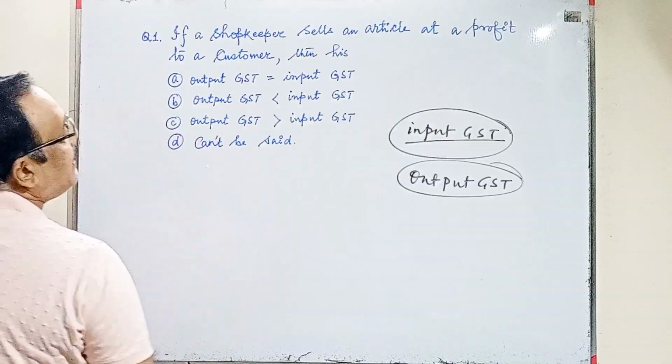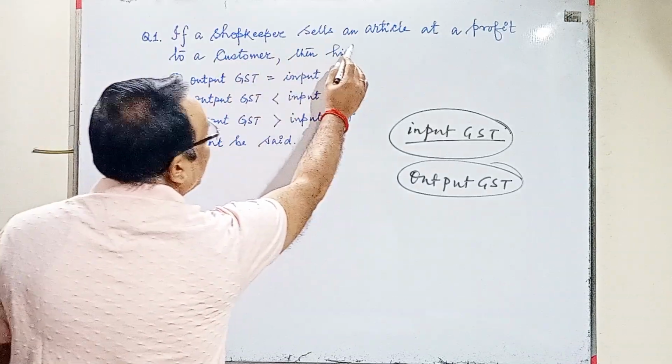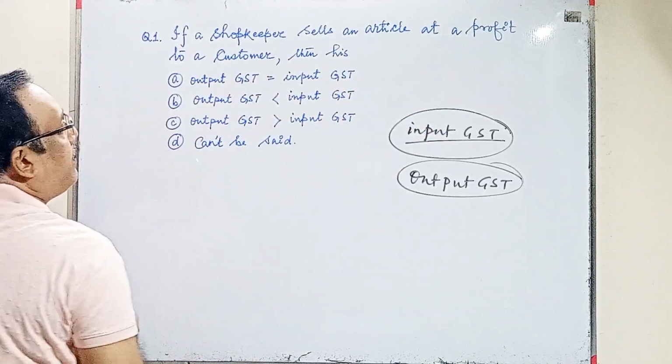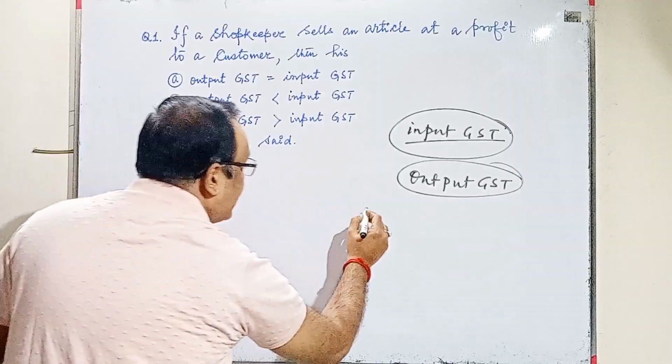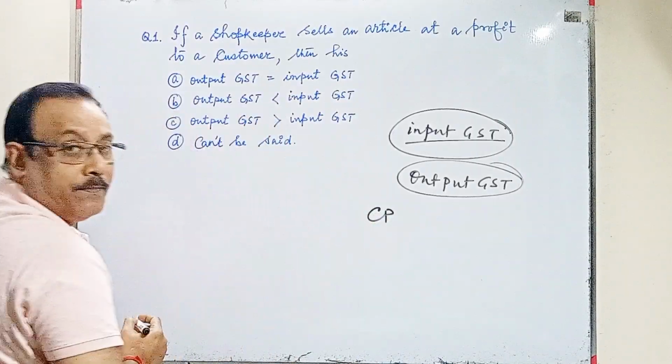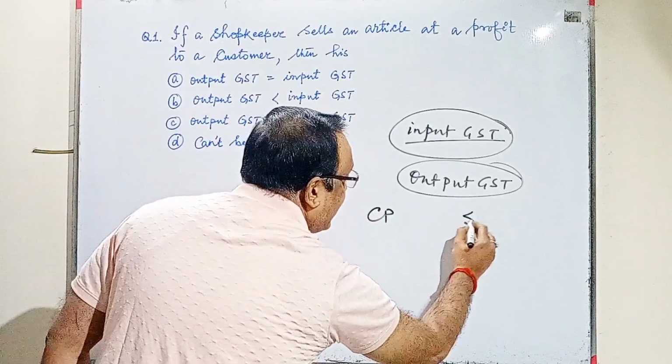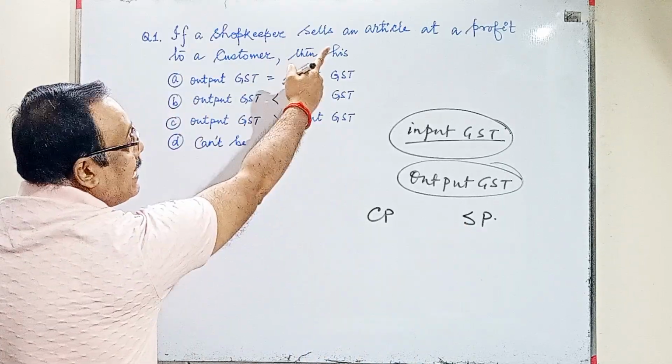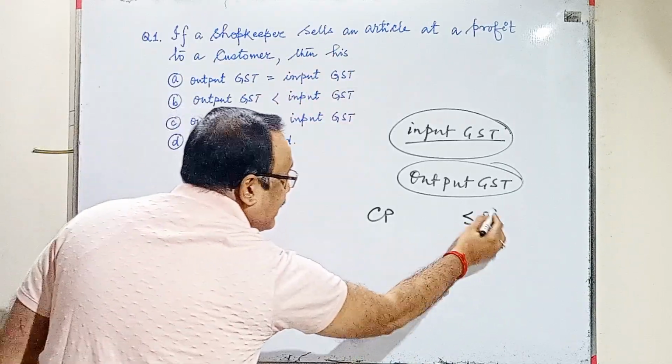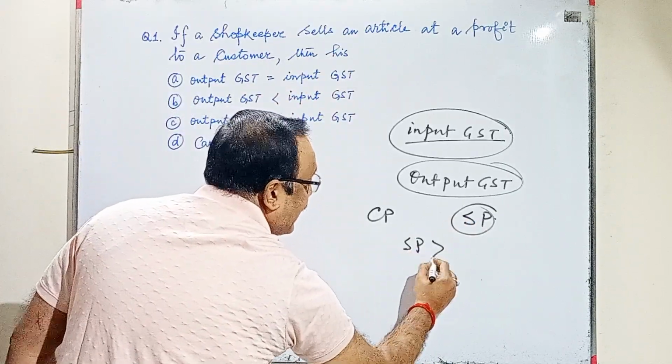Now in this question, it is said the shopkeeper sells an article at a profit to a customer. That means he bought it at CP and he sold it at SP. Naturally, since he has sold it at a profit, SP is greater than CP.